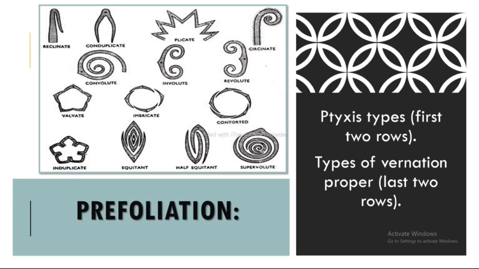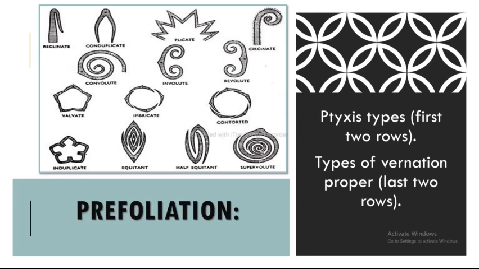So next I am going to discuss the types of the vernation in the last two rows. You can see these are the types of the vernation. Usually in simple words you can say the meaning of the vernation is the way in which the leaves are arranged in bud with respect to each other.